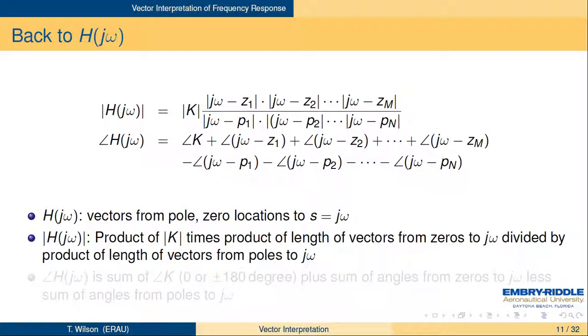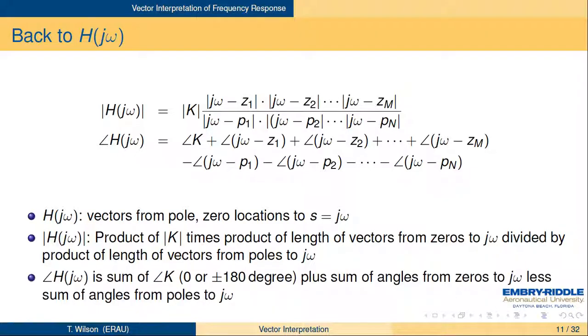And so the magnitude of the frequency response is the factor k times the product of the lengths of the vectors from the zeros to j omega divided by the product of the lengths of the vectors from the poles to j omega. And the angle of H(j omega) is going to be the sum of that angle k, which is again going to be 0 or plus or minus 180, plus the sum of the angles from the zeros to j omega, less the sum of the angles from the poles to j omega.